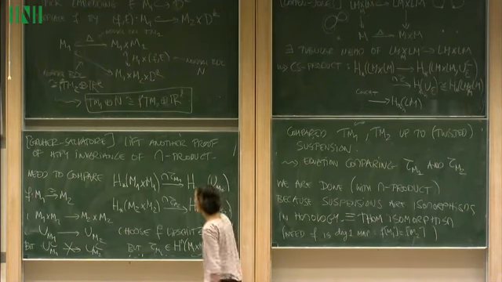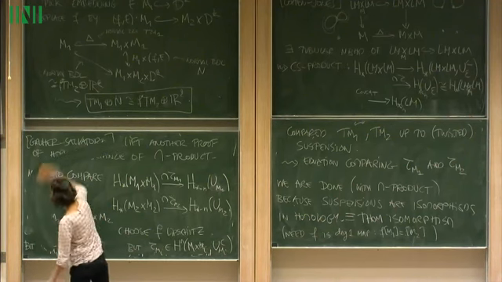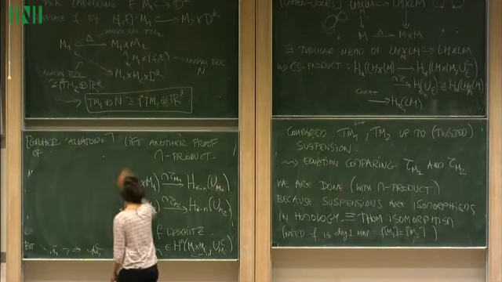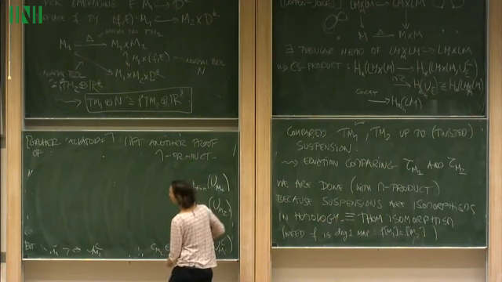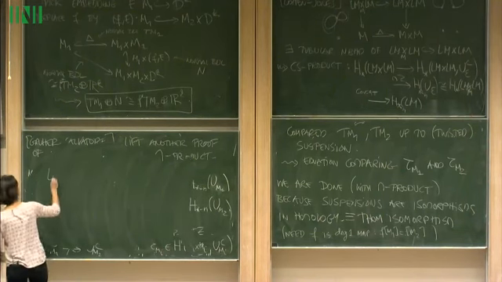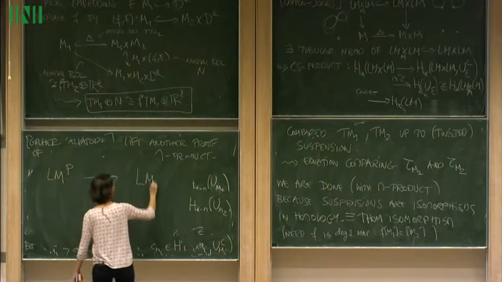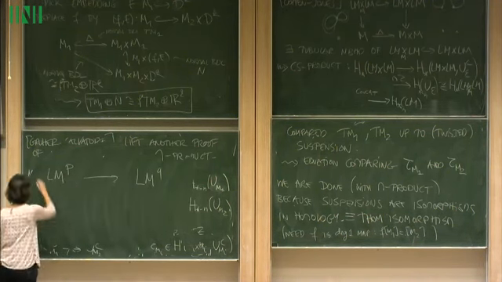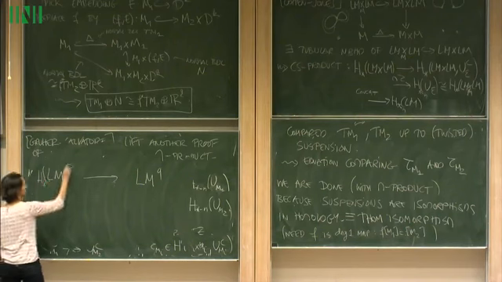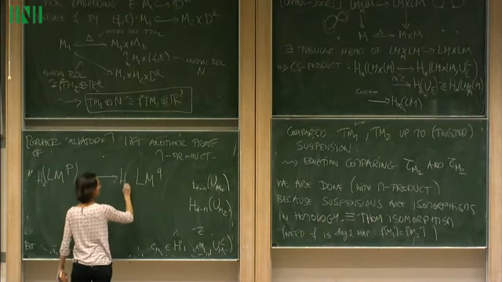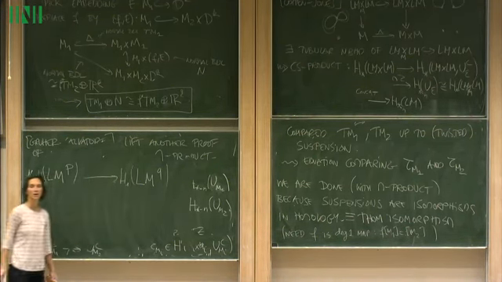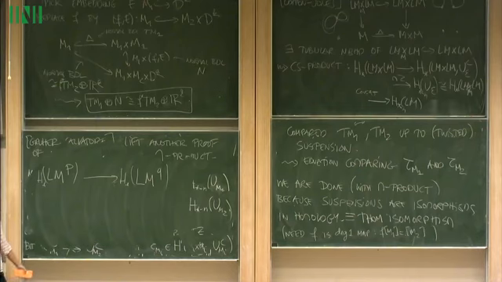What's a general string topology operation? You want something that goes from some copies of the loop space to some copies of the loop space, now in homology, with some degree shift.